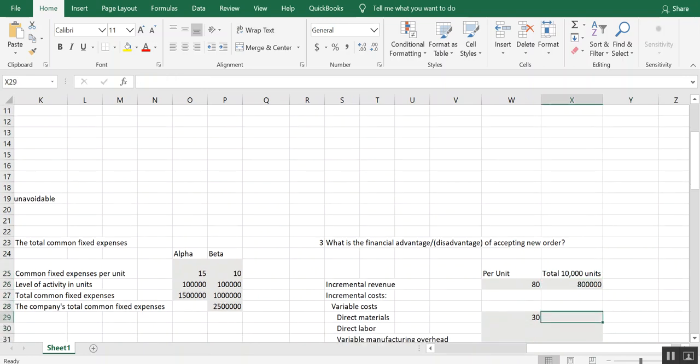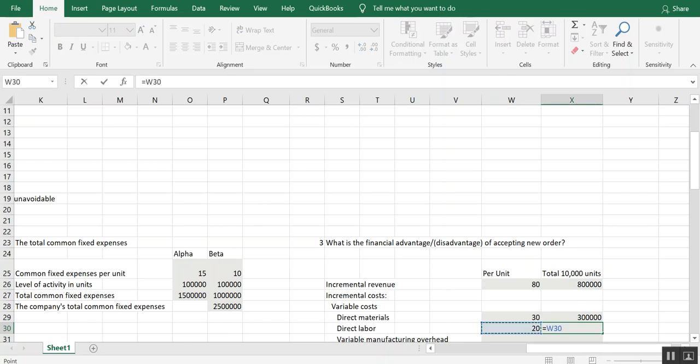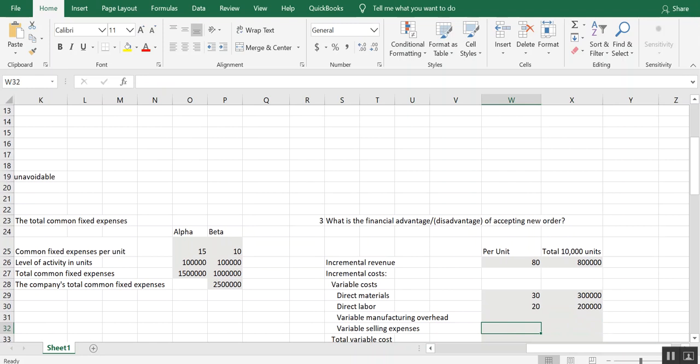So we take $30 times the 10,000 units, and we get 300,000. $20 here times those 10,000 units, we get 200,000.